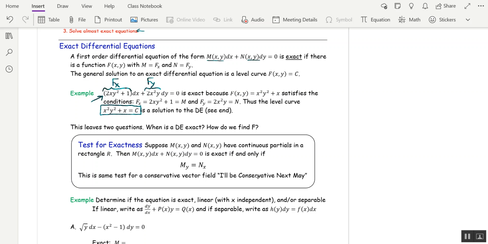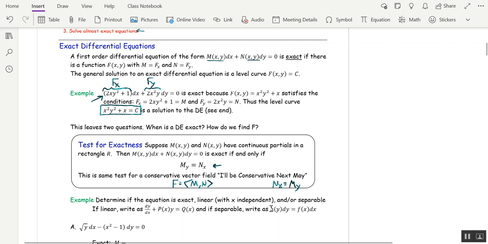Now, I don't know if you remember, but in Math 2B, we had a vector field of the form M, N, and there was a test for a conservative vector field, and the test was N sub x had to be equal to M sub y, and the mnemonic device was all be conservative next May. Well, that's this exact same test. M sub y is N_x. Just I wrote it differently here, but it's the same test.